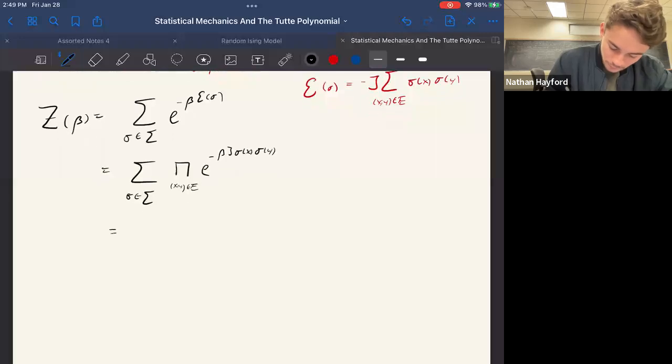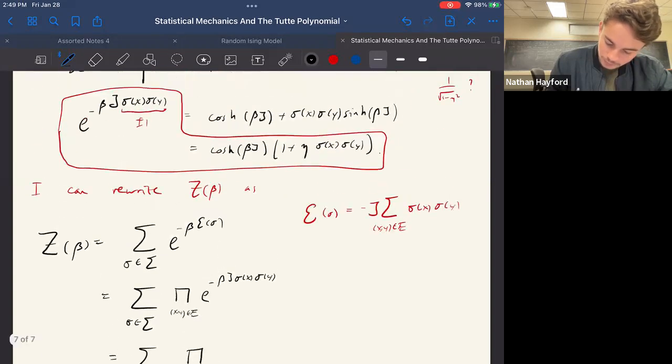Using the identity that we just did up here, I'll call it star.